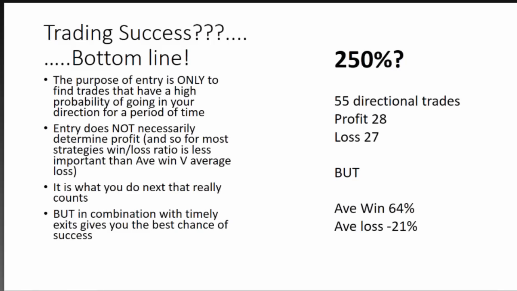So win-to-loss ratio is not the most important metric for directional trading. What is the most important metric is your average win versus your average loss. Now, I know it's an old market cliche that keep your losses small, let your profits run, but we had an average win of 64%, our average loss is 21%. That's what created that number.